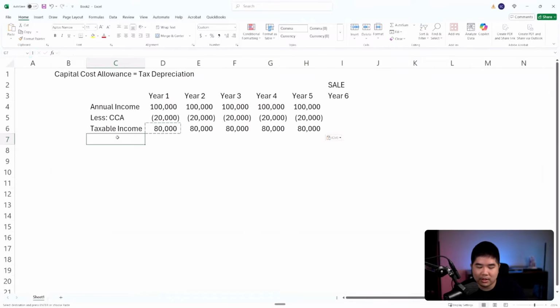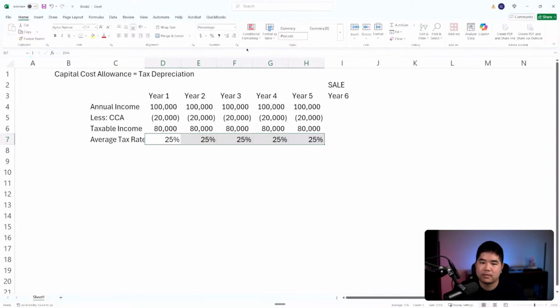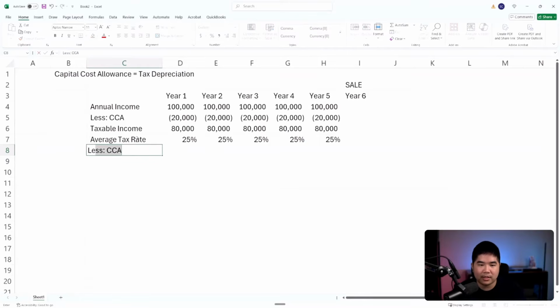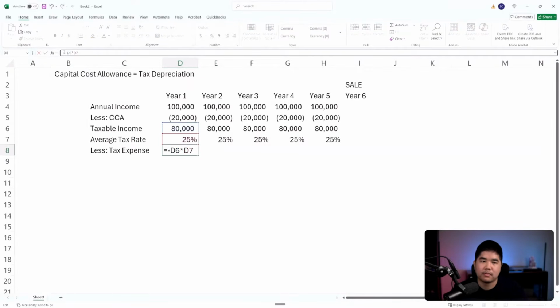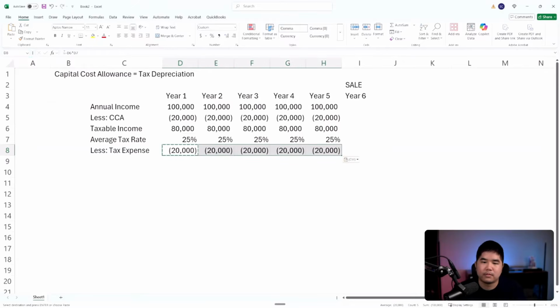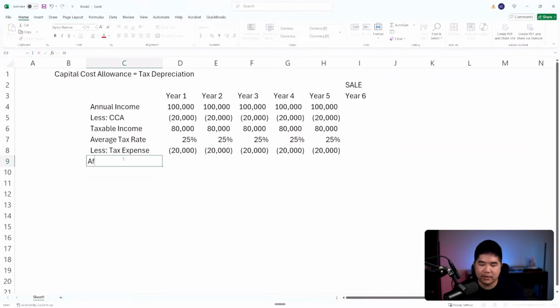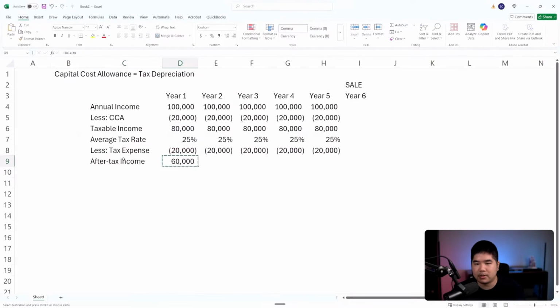And let's assume our tax rate is 25%. That means our tax expense is $80,000 times 25%. And then our after-tax income is $80,000 less $20,000.